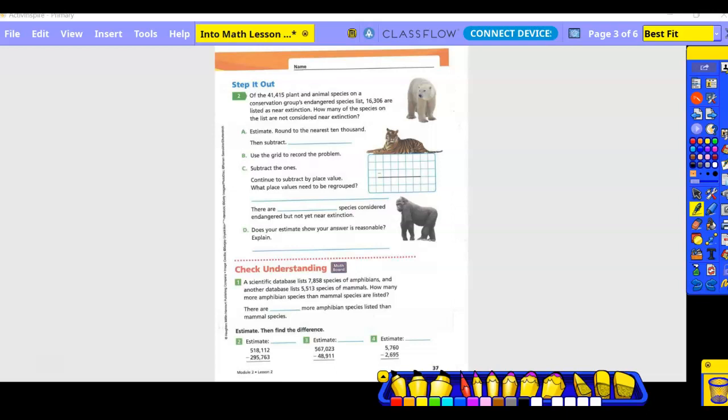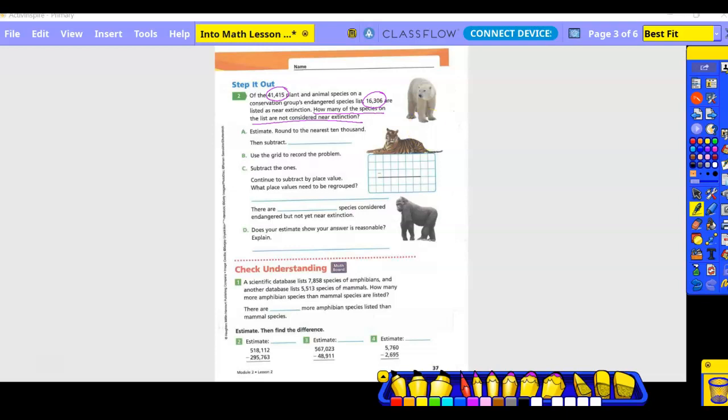The numbers, right? Okay, so 41,415, 16,306, and then what are we trying to figure out? How many of the species on the list are not considered near extinction?